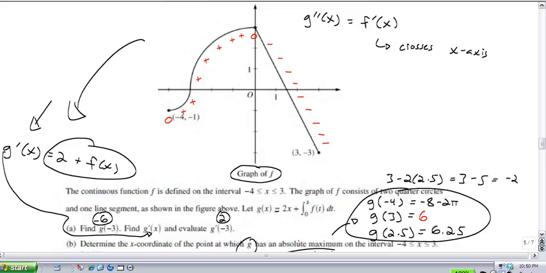So you have a 0 slope, and you go to positive slopes, and you go to a 0 slope, and you go to negative slopes.